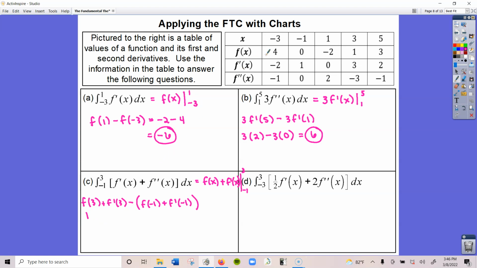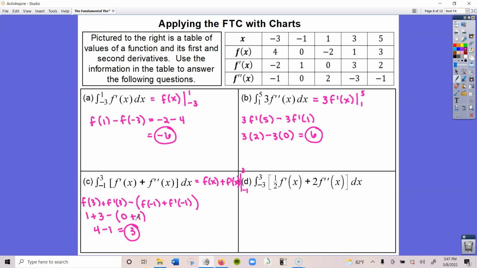F prime of 3 is 3, so plus 3 minus f of -1 is 0 plus f prime of -1 is 1. So we have here 1 plus 3, which is 4, minus 0 plus 1, which is 1, and 4 minus 1 is 3.